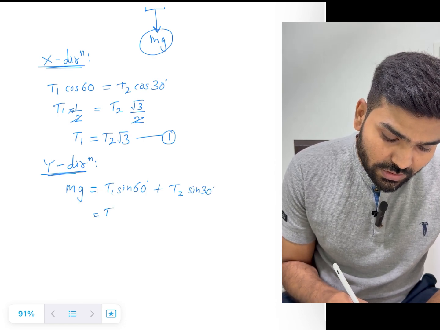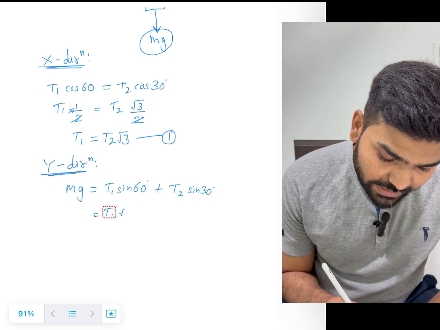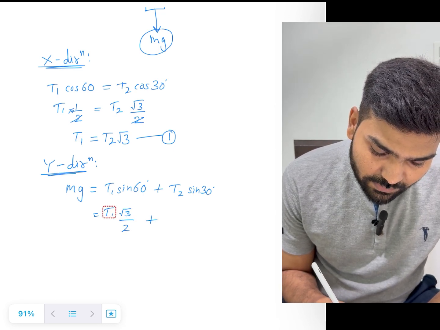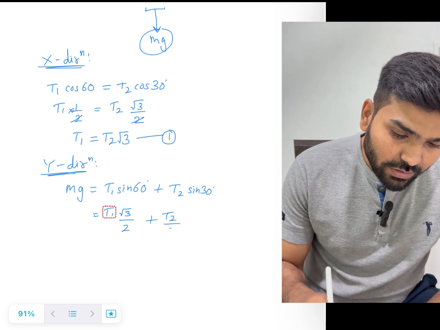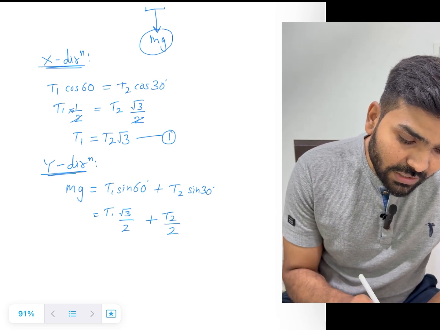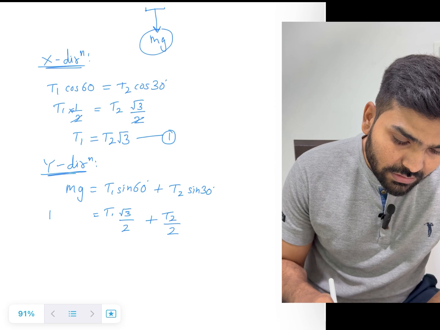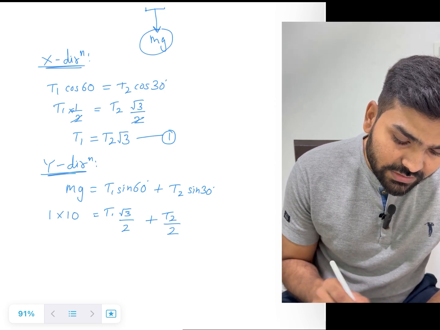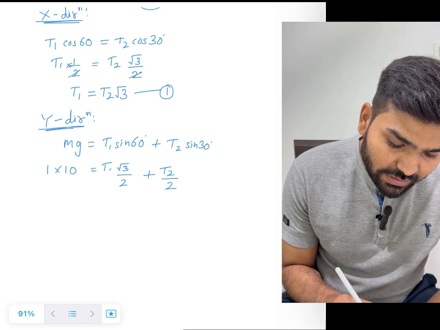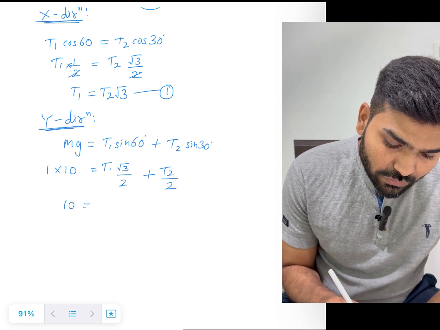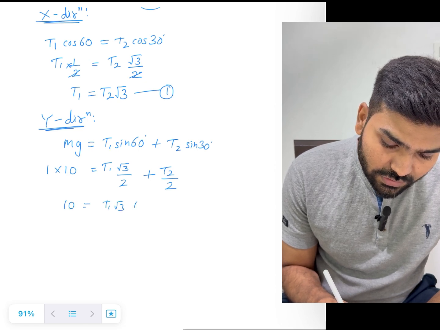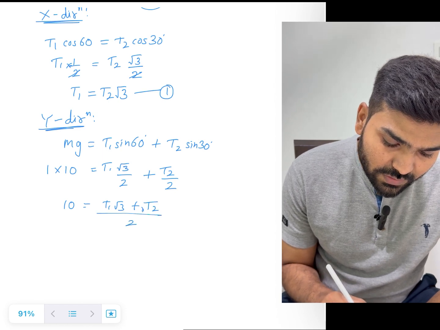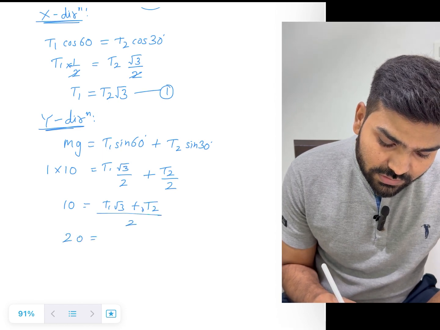T1 sine 60 is root 3 upon 2, and T2 sine 30 means 1 upon 2. The mass of the object is given as 1 kg and acceleration due to gravity is 10. So we have 10 equals (T1 root 3 plus T2) upon 2. This 2 comes over here, which becomes 20. So 20 equals T1 root 3 plus T2.